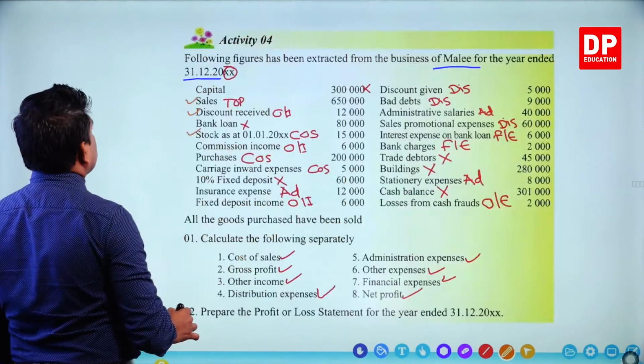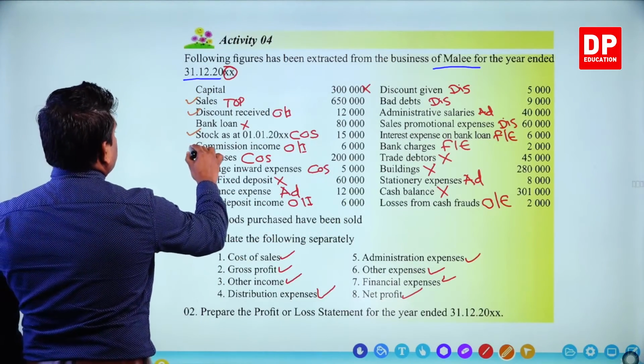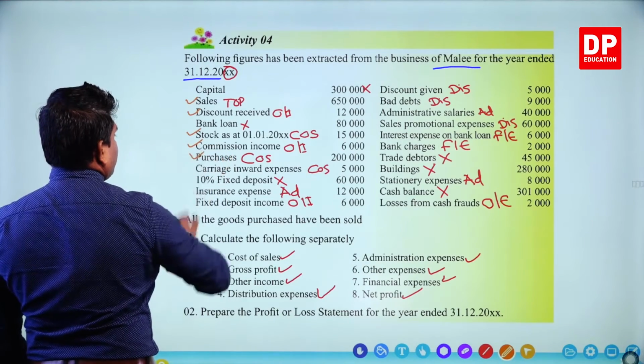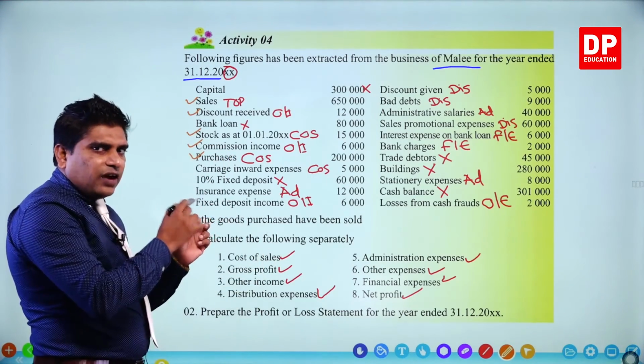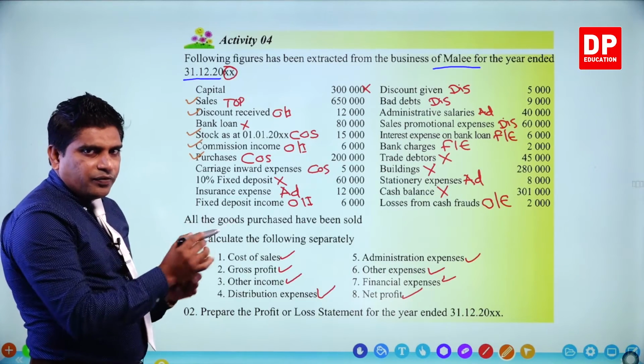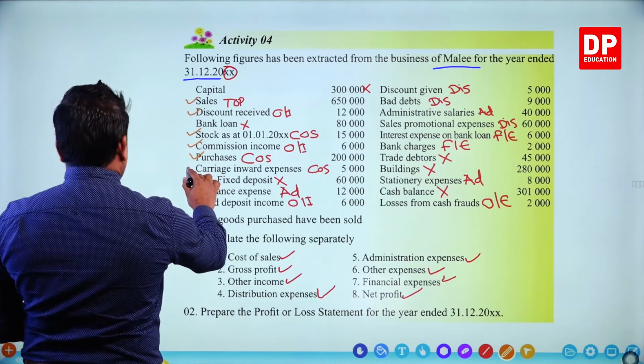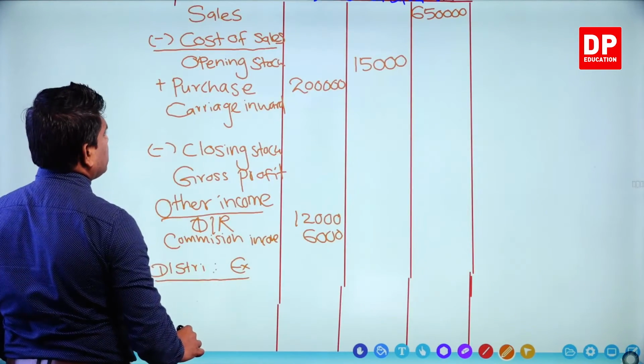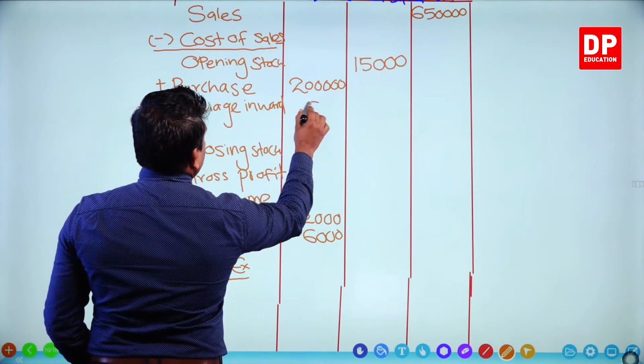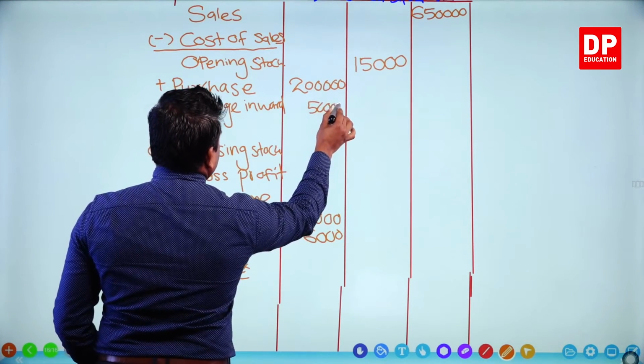Right, next one. Commission income finished, purchase finished. You put the tick after taking the detail to the profit and loss statement. It's easy for you, right? Then carriage inwards 5,000. Here you put 5,000 under the purchase.